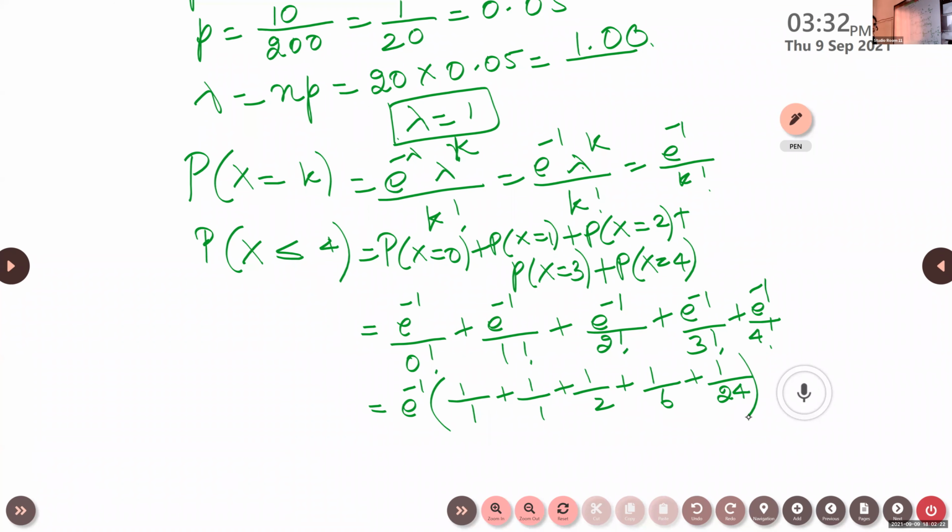Now substitute the value of e raised to minus 1. What is the value of e raised to minus 1? Is it given there? No. You have to use the table and write the value.